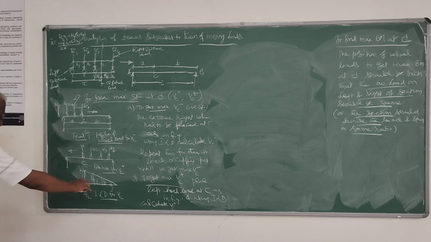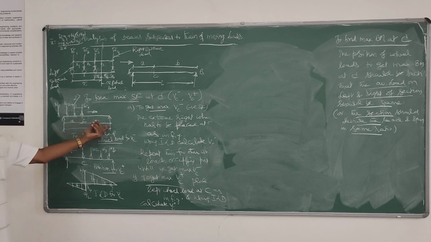You take the standard bending moment at that particular section and calculate the value. Then you allow the wheel load to move from right to left and repeat the process. For these two cases, generally it will be equal if the section exactly bisects, otherwise there may be slight variation. Generally, if B is greater than A, this particular case gives you maximum bending moment.